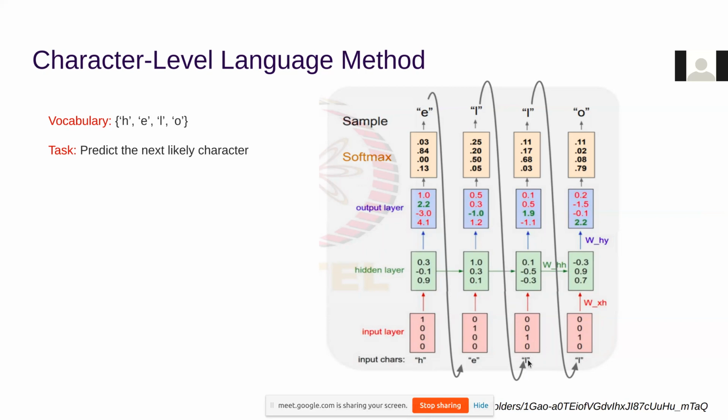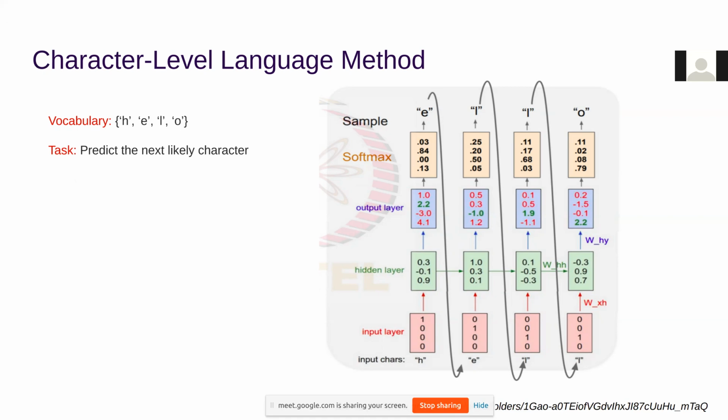Using this input character L and the previous hidden state information, we update the current hidden state, and this hidden state helps in predicting the next character, which again comes out to be L, because the probability is maximum for the third element, which represents the index corresponding to the letter L. Again, this L is given as an input, and following the same procedure we get the output O. So this is a simple character-level language model where we give each character as an input, and the output is the next likely character to be predicted.